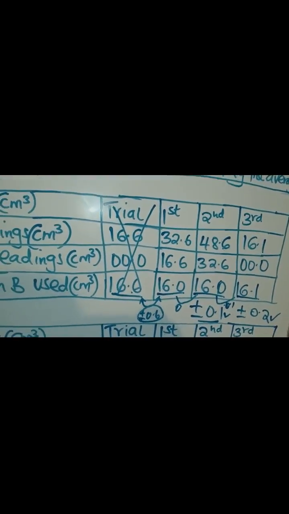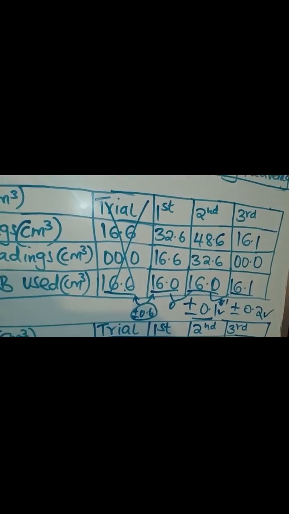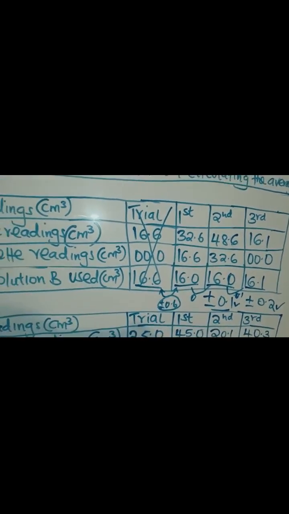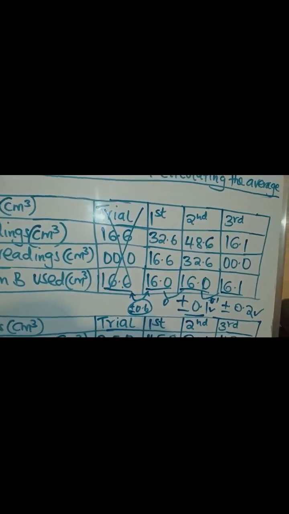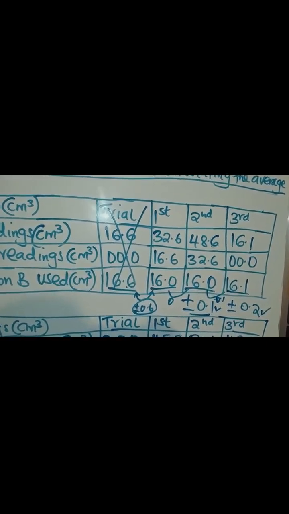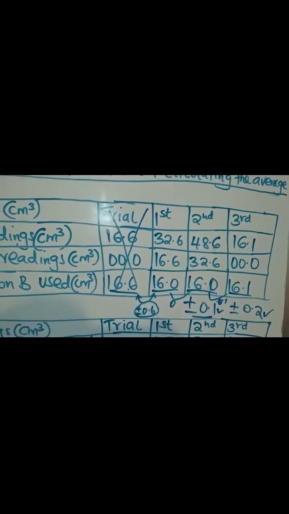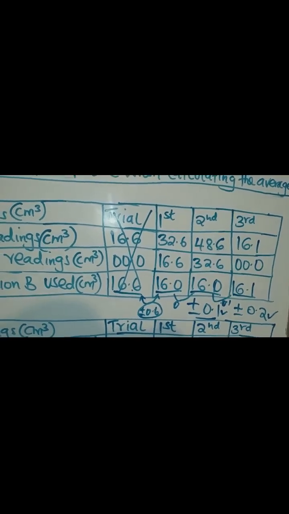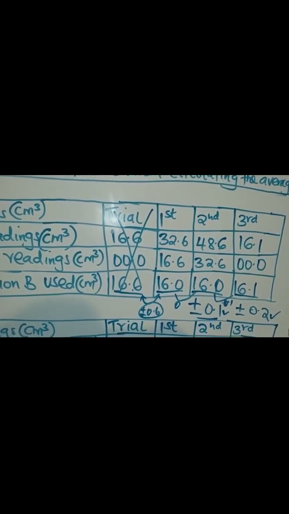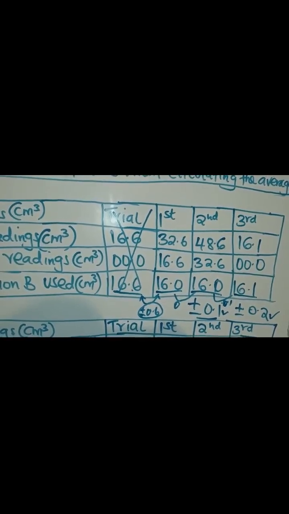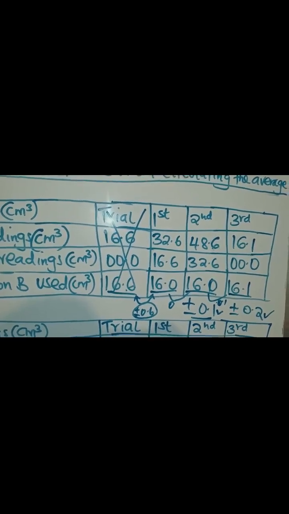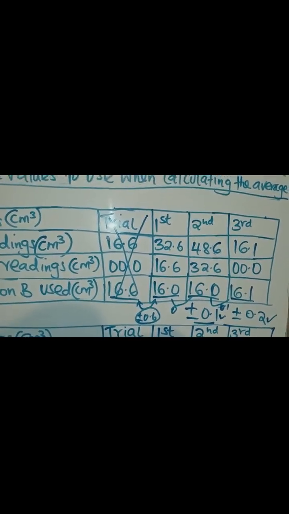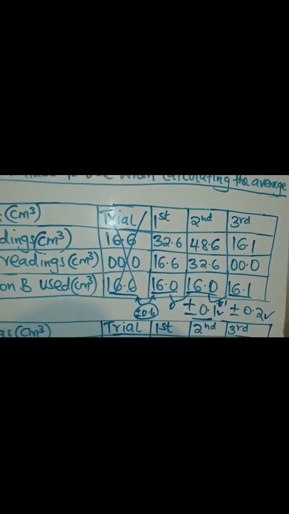So in the averaging, we can only, in this case, use 16.0 plus 16.0 plus 16.1. And now that we have chosen to use 3 values, once you write 16.0 plus 16.0 plus 16.1, you should divide by 3 because you have used 3 values.